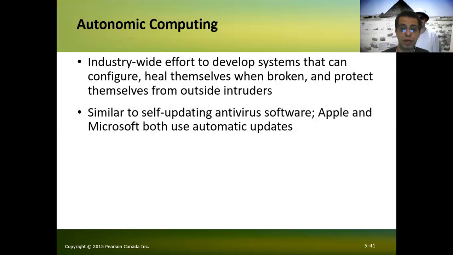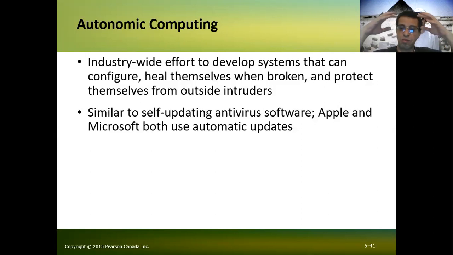Autonomic computing is an industry-wide effort to develop systems that can configure themselves, heal themselves when broken, and protect themselves from outside intruders. Tandem is one of these things. Learning machines are usually one of these. The trend is coming in, and basically all you need is two or three consultants within the company.